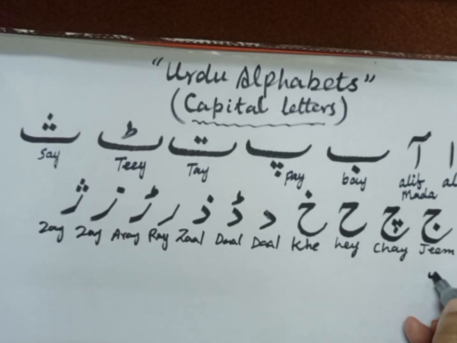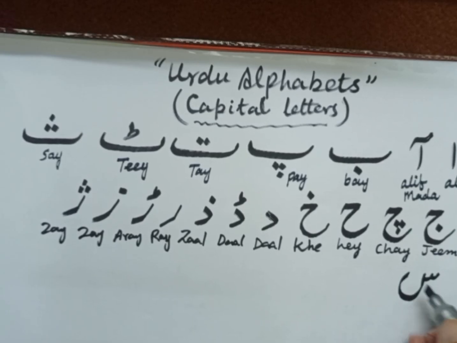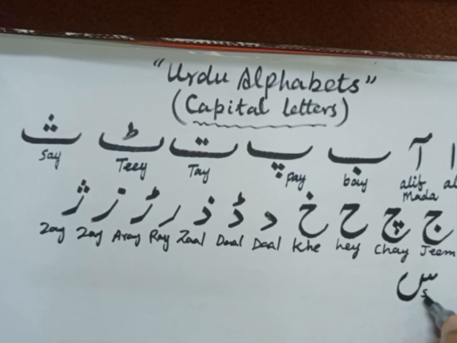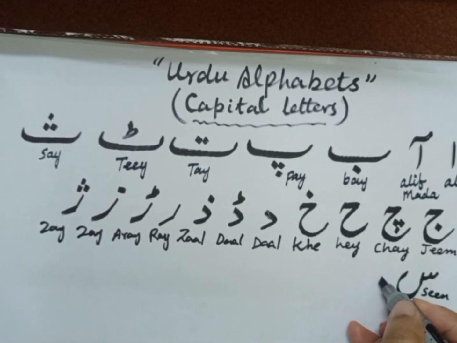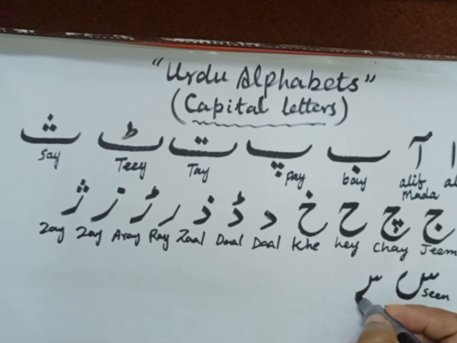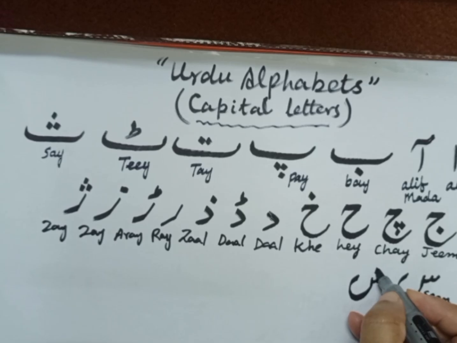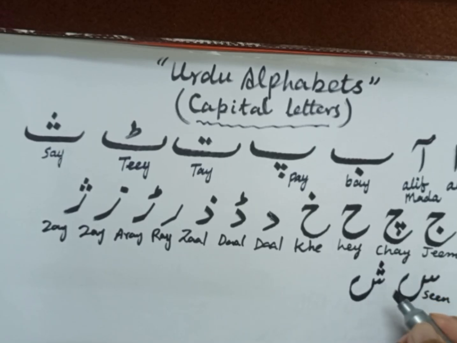One shosha, second shosha, and then a big half circle. It has become seen. Same like this, make seen. But the difference is of dots: 1, 2, 3, three dots up.